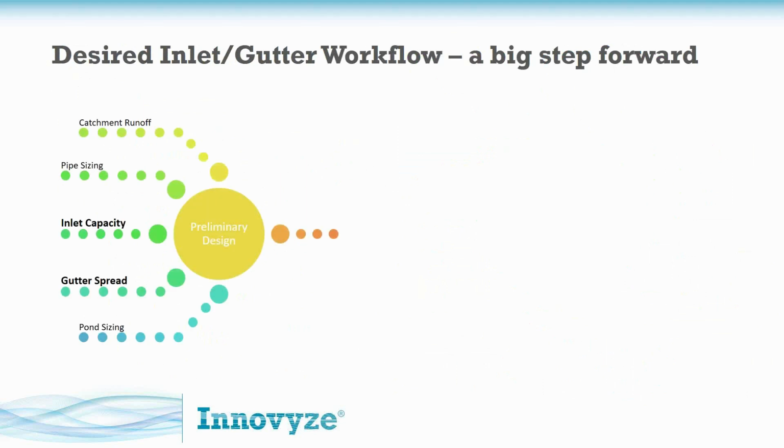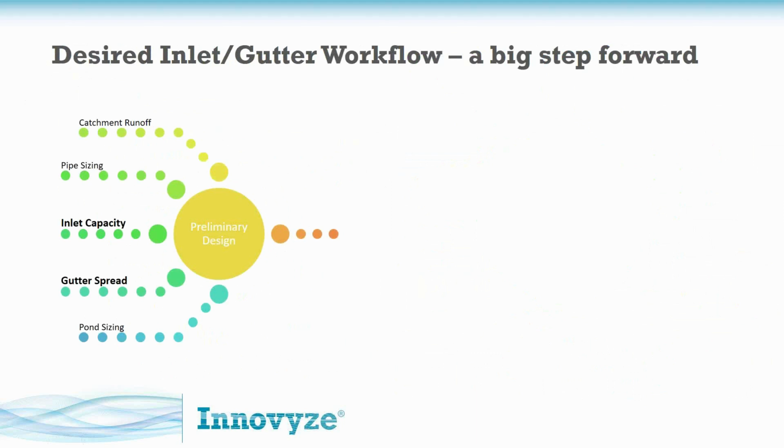What we like to look at is the preliminary design, and that's the terminology used in the Federal Highway Manual. Preliminary design covers a lot of stuff. It might be some basic rational-based catchment runoff, pipe sizing, pond sizing, and the 2 items we're looking at now: the inlet capacity and the resultant gutter spread which would occur.